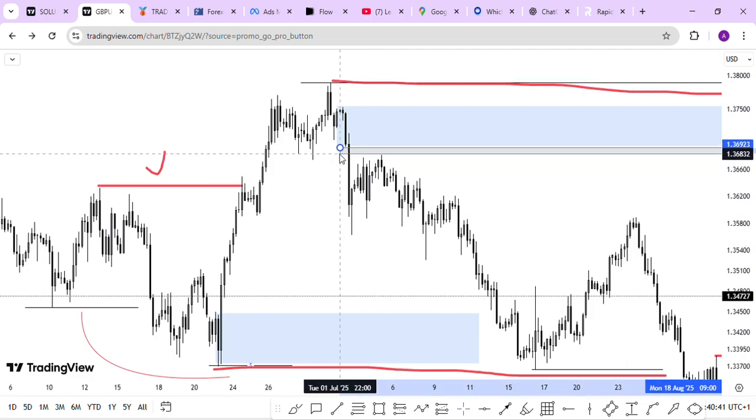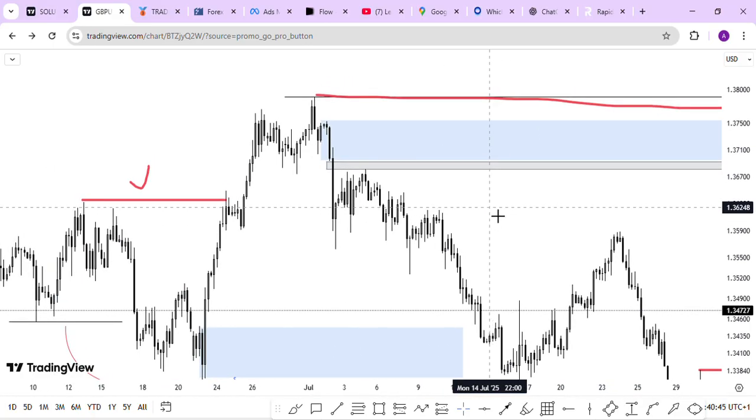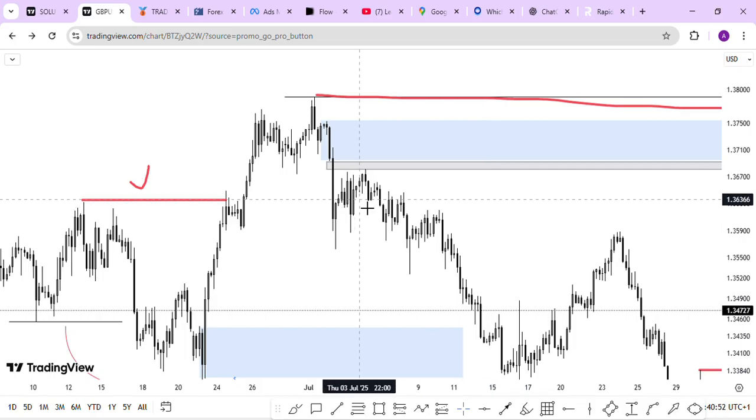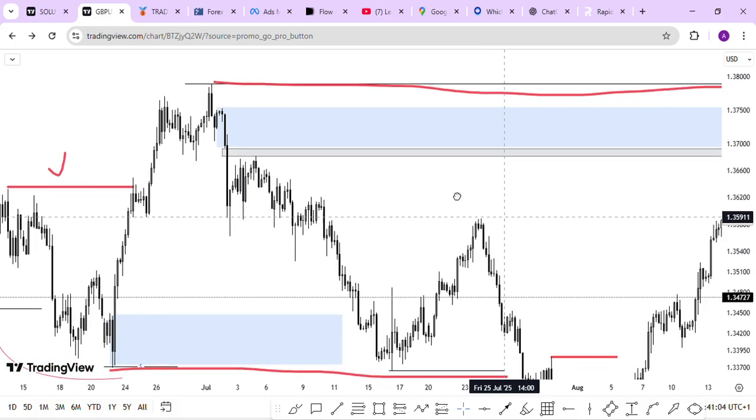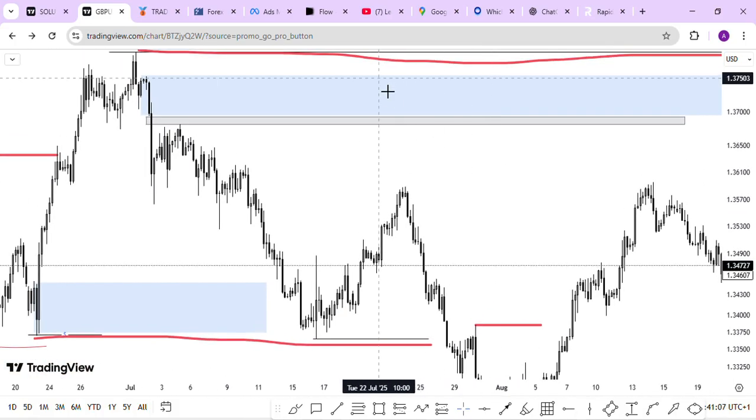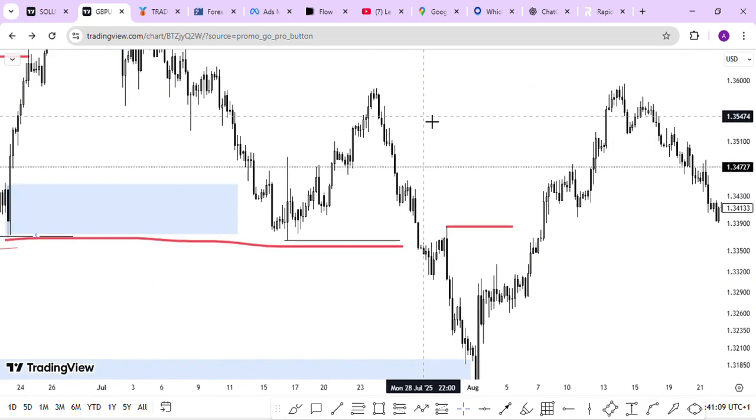Your extreme can also be your order flow, but if it's going to be your order flow, and I've explained order flow in my previous video, there must be an imbalance, an unmitigated order flow. If it's going to be your order block, then there must be an unmitigated order block. So this is the first one, the high probability order block.